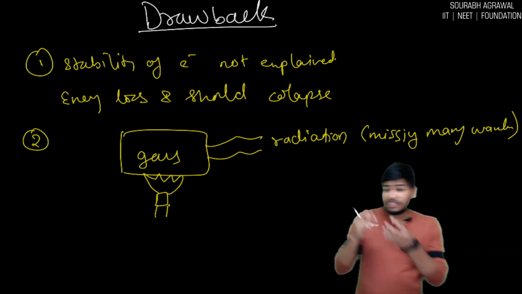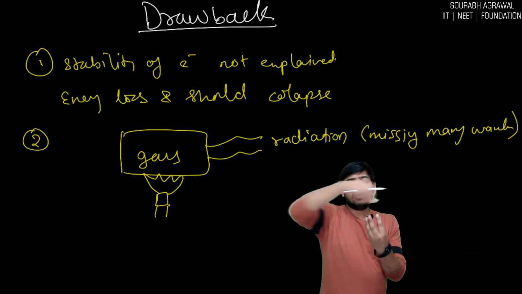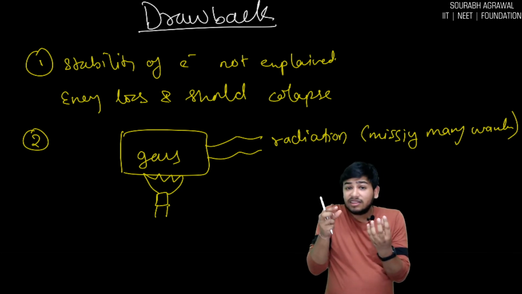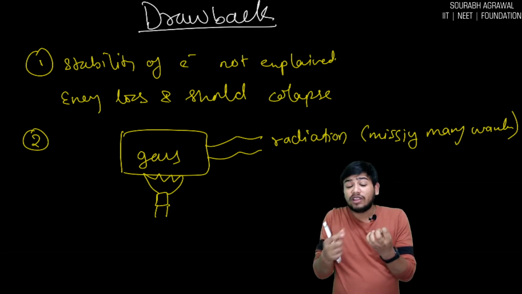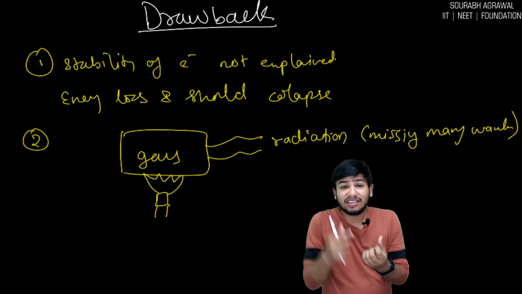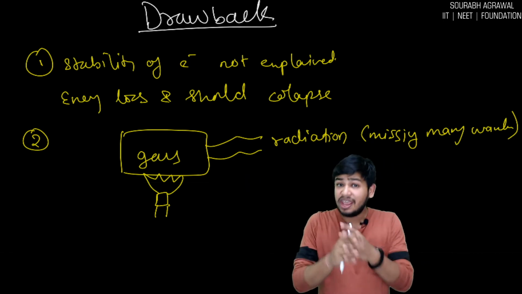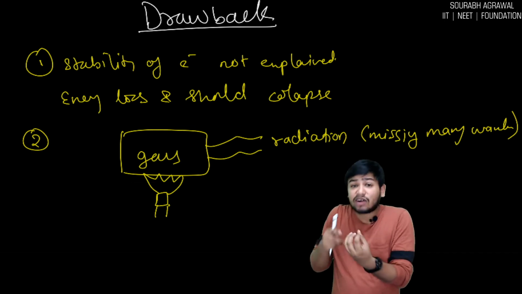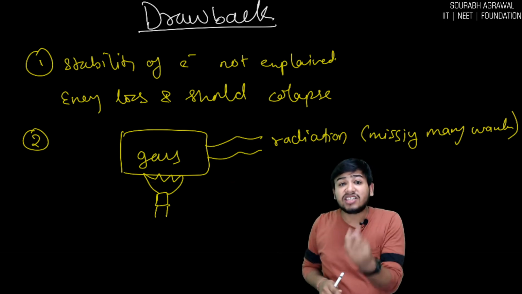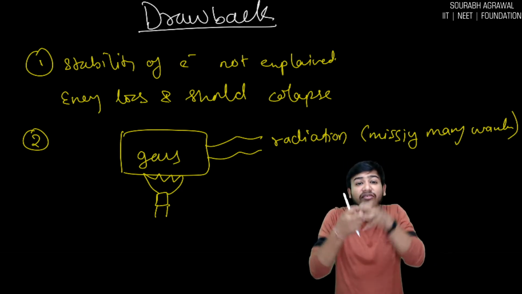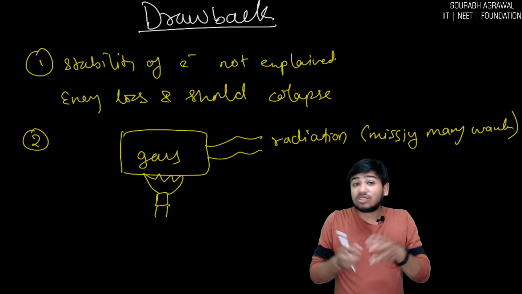It is said that these electrons are revolving around the nucleus. When an electron is accelerating, it must radiate energy, and if it radiates energy, it must lose energy and collide with the nucleus, which is not happening.